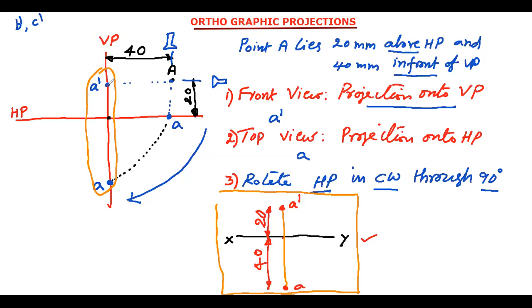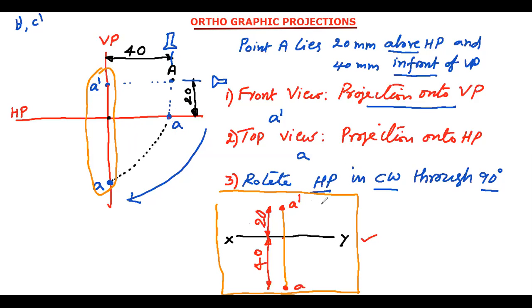You will get the front view. What is top view? Project the point onto the horizontal plane. You will get top view. Then rotate this horizontal plane through 90 degrees in clockwise direction. Then you will get front view and top view on the same vertical line. Then redraw that, you will get the projections of the point.